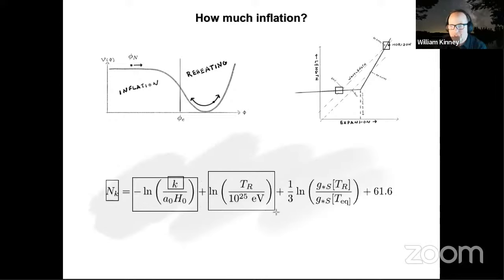We can rewrite this in terms of the reheat temperature relative to a fixed temperature, about 10 to the 15 GeV, about the grand unified scale, a correction factor for the number of relativistic degrees of freedom between the GUT scale and the matter radiation equality, plus this constant that is all the other stuff that went into this calculation, which is a factor of about 60.